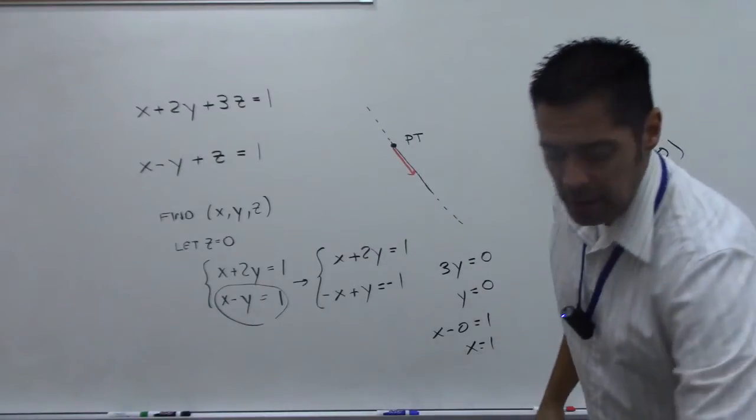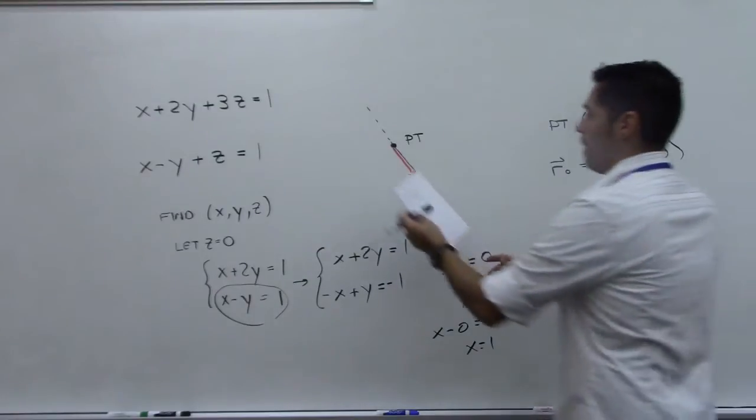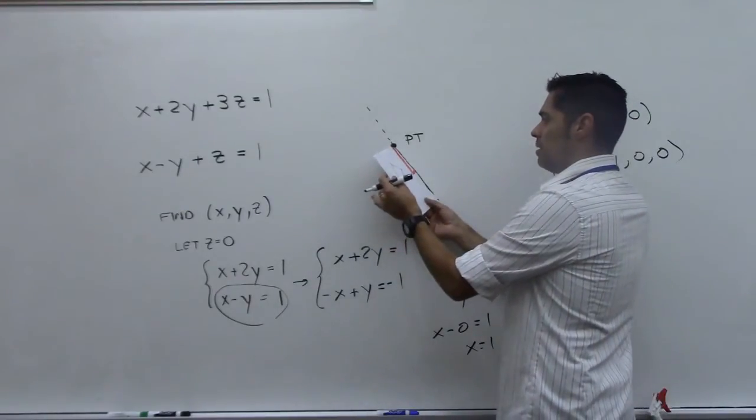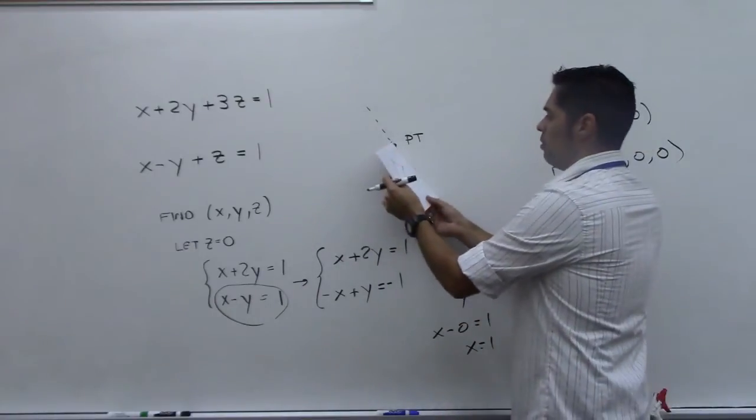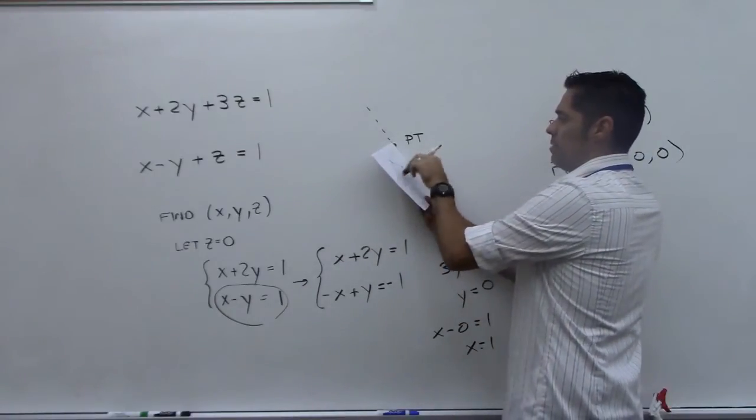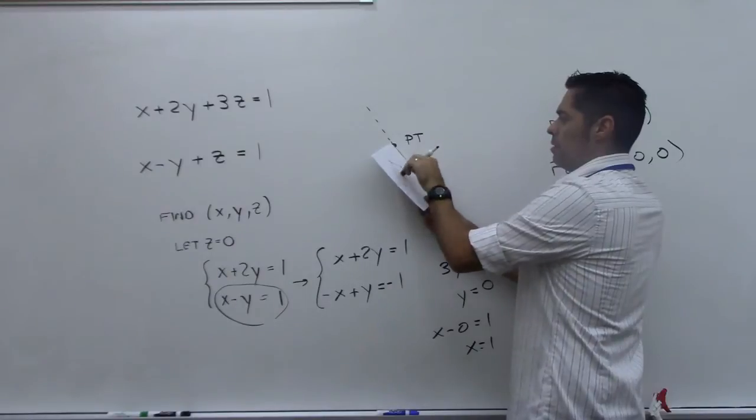So remember from class that if we have two planes that intersect, then I can imagine the normals for each of these planes are perpendicular to the planes, right?